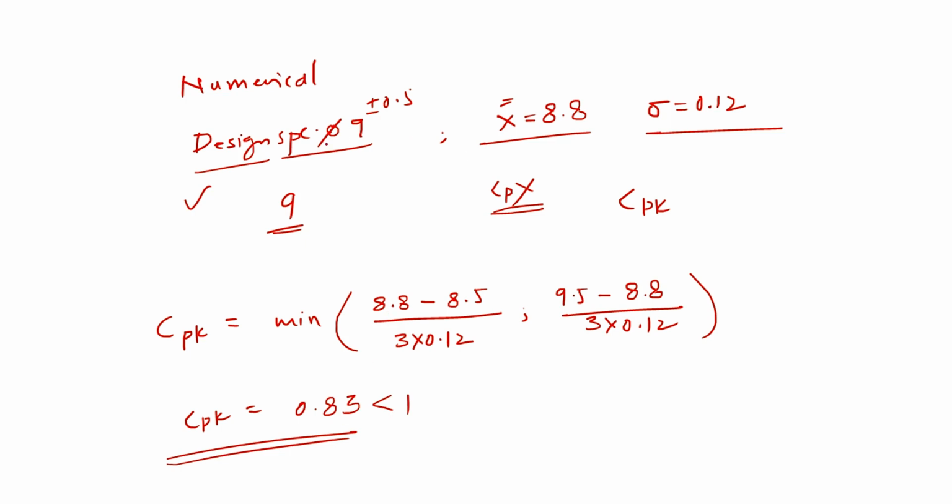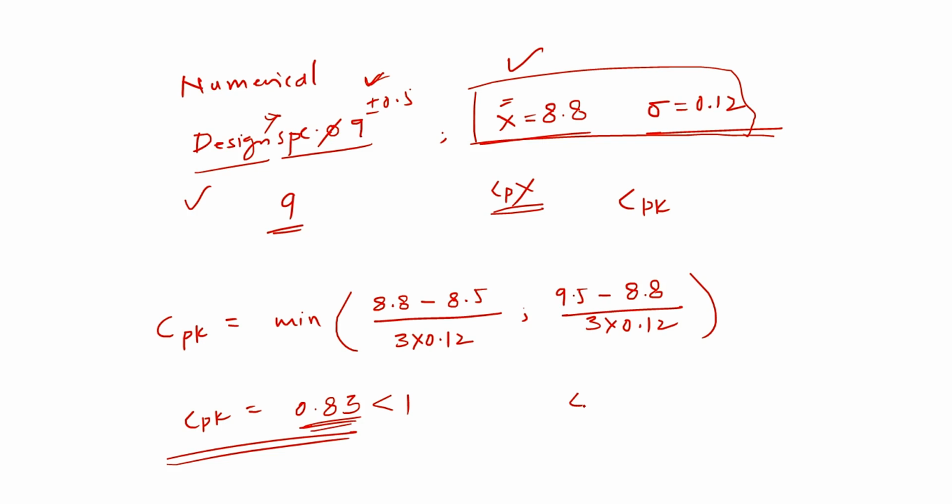That means to produce a part with a 9 plus or minus 0.5 tolerance, a machine with these parameters is not suitable. I should not use this machine to produce this design specification. Most of the parts are rejected, or the process is not economical, because I am getting a Cpk value less than 1.